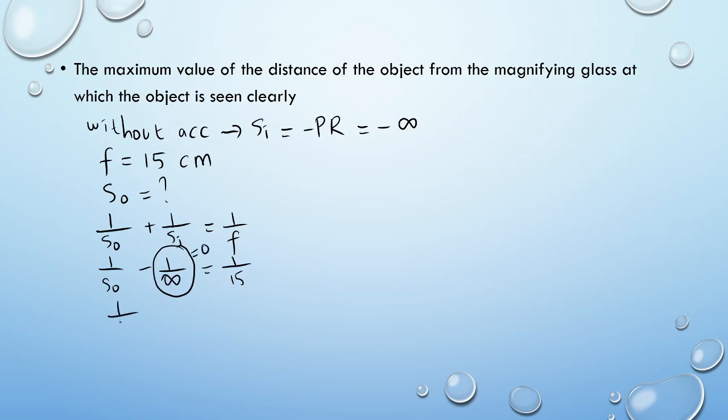So, 1 over SO equals 1 over 15. Therefore, SO equals 15 centimeter. This is the maximum value of the distance of the object from the magnifying glass at which the object is seen clearly.